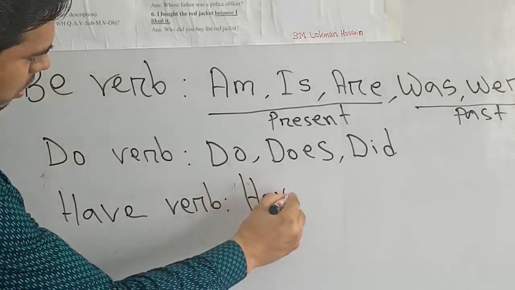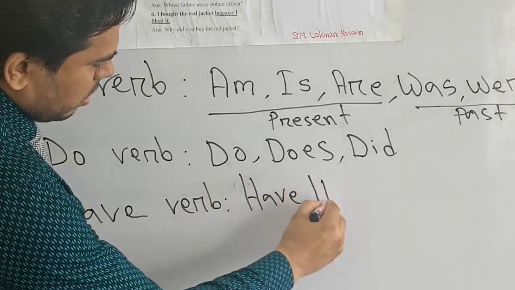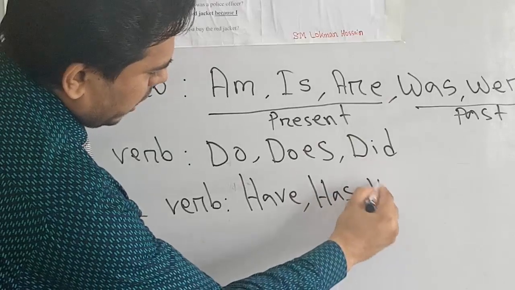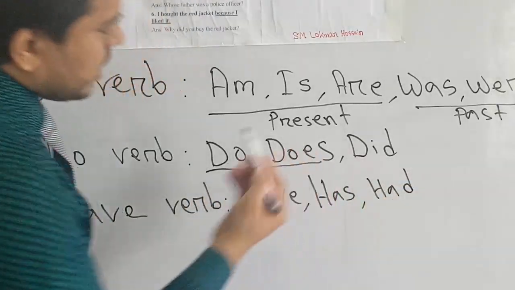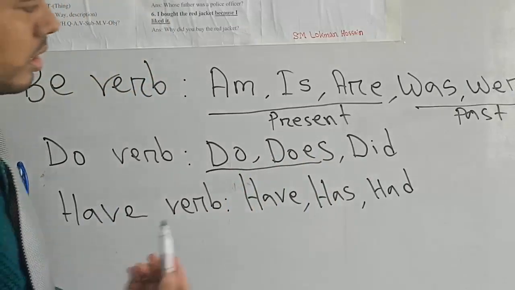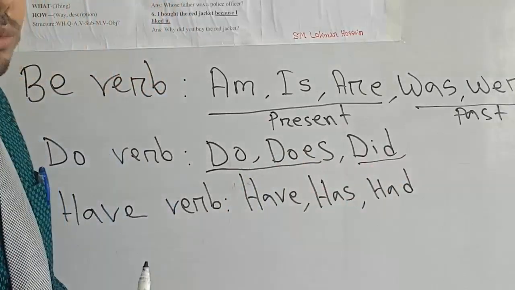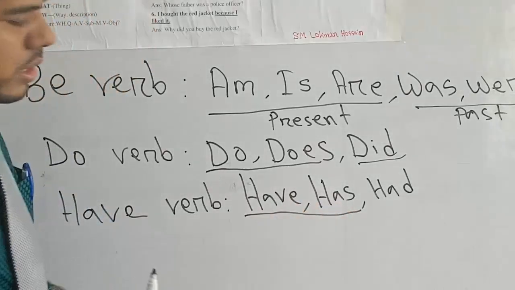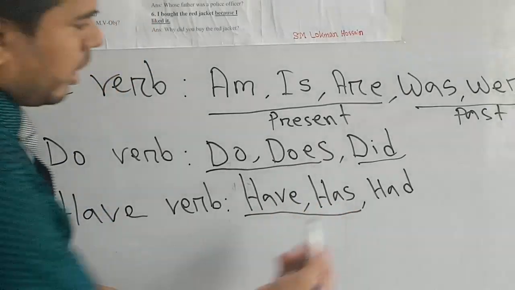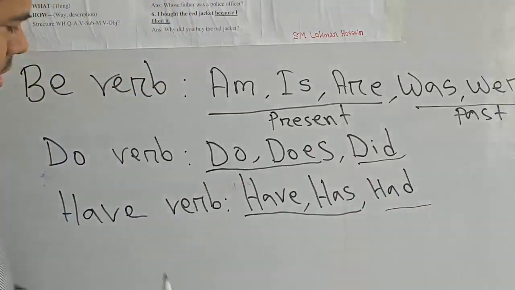Have, has, and had. Here in do verb, do and does are used for present tense and did for past tense. And in have verb, have and has are used only for present tense and had for past.